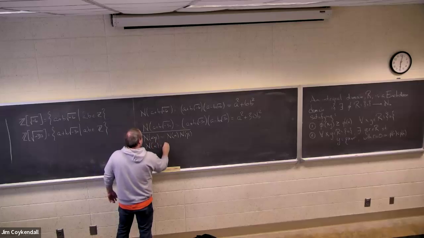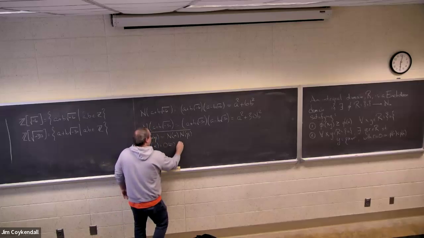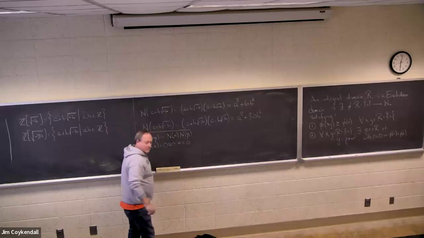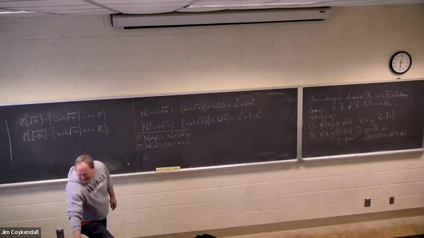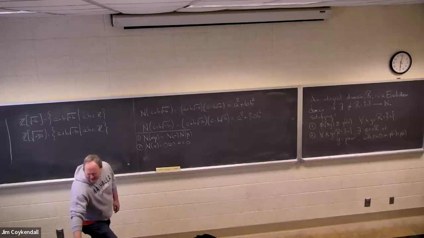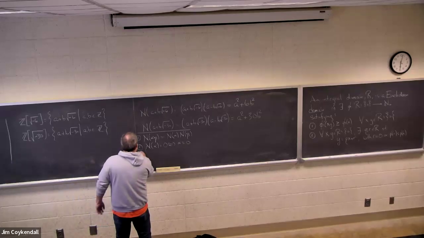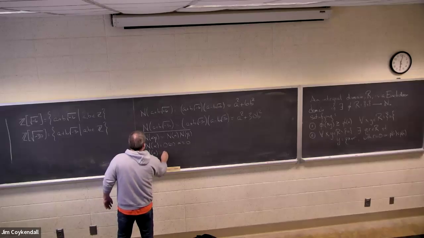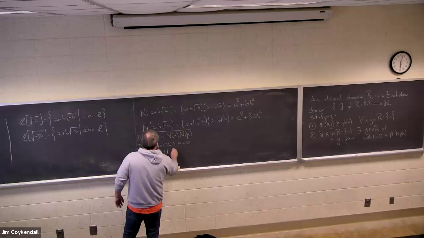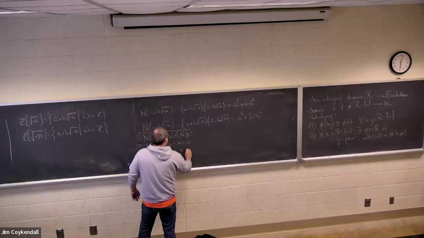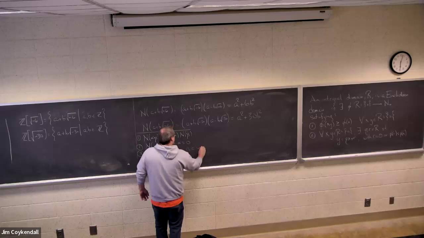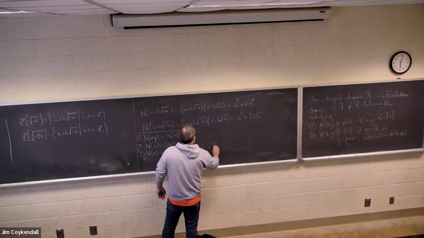Norm of alpha equals 0 if and only if alpha is 0, and I mean complex number 0. Three, norm of some element is equal to 1 if and only if alpha is a unit.